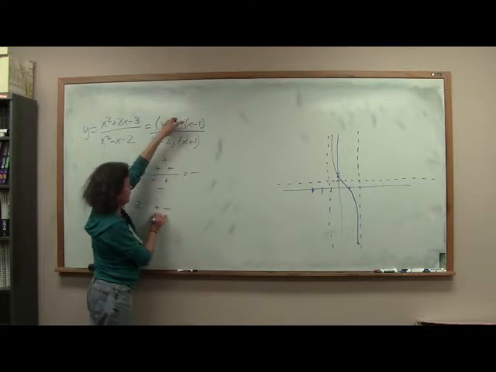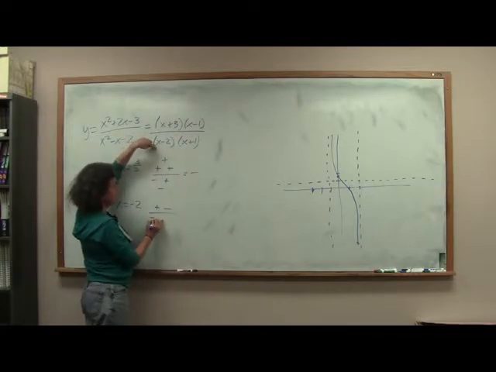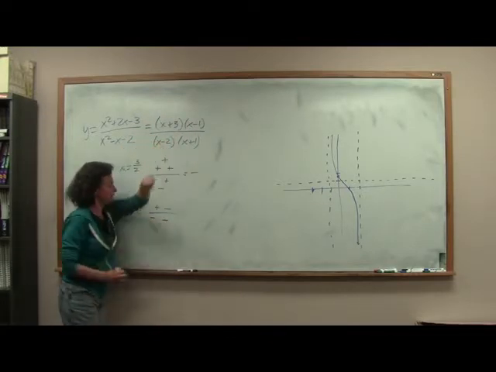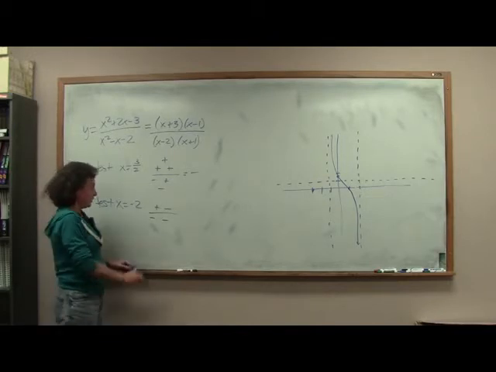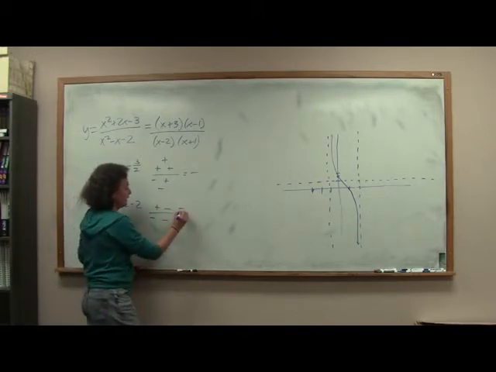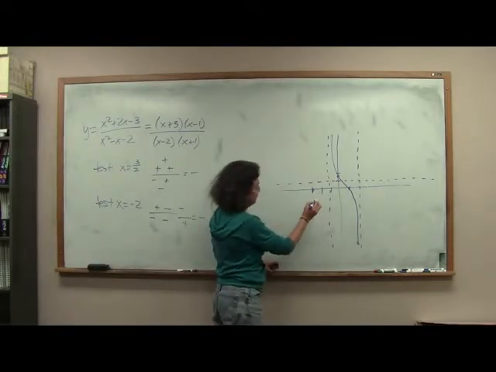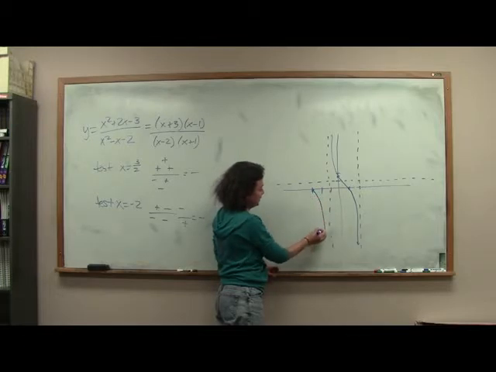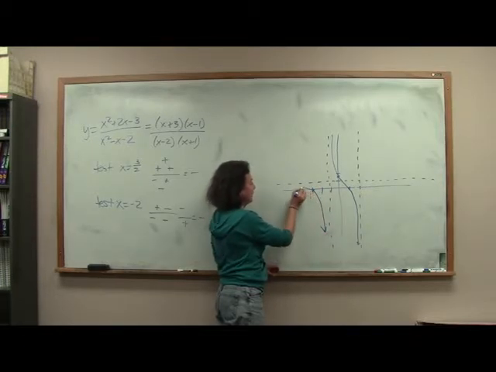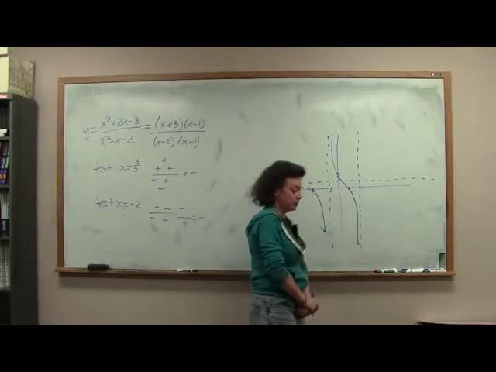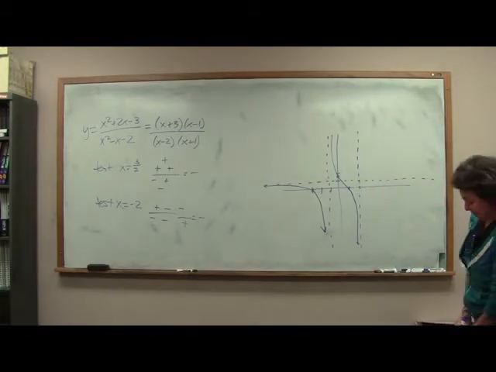In here, it's negative. In here, it's negative. And in here, it's negative. So I claim I have a negative over a positive, which is negative. So I'm down here, which means I shoot down. And here I approach my horizontal asymptote.